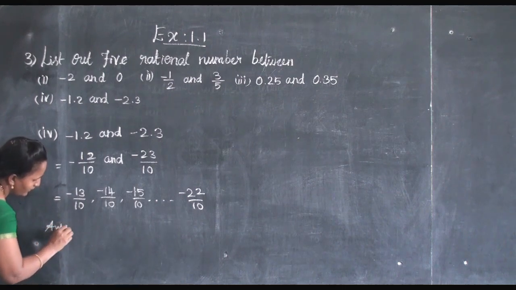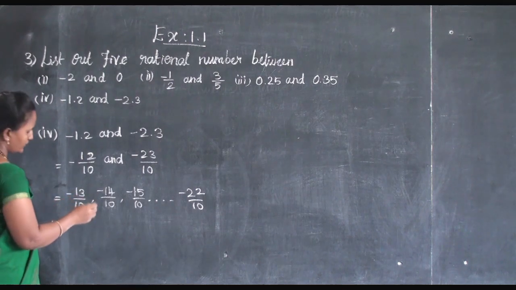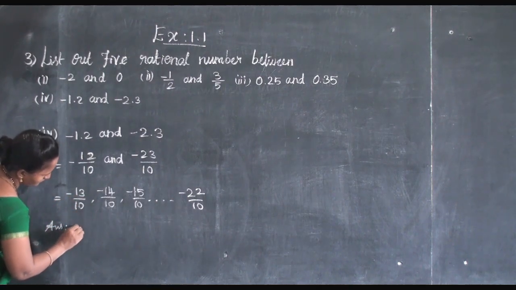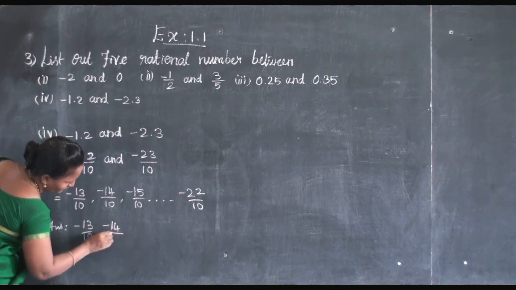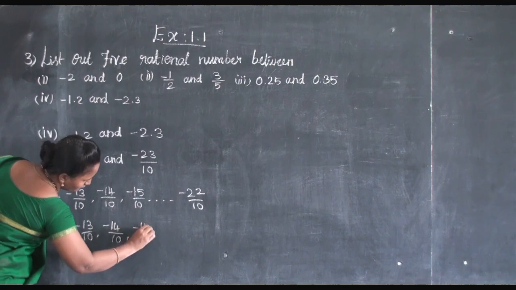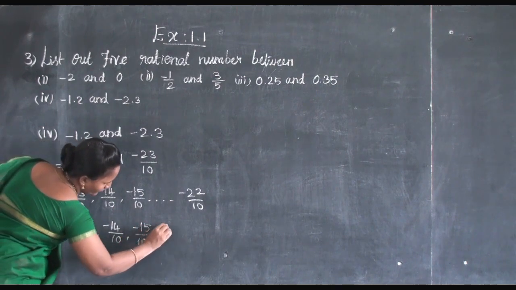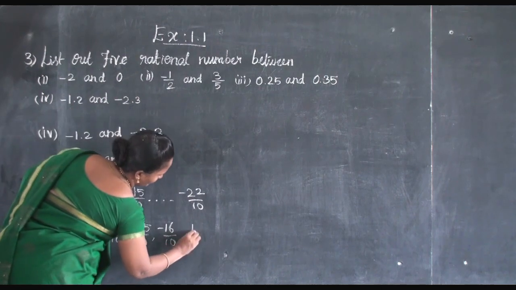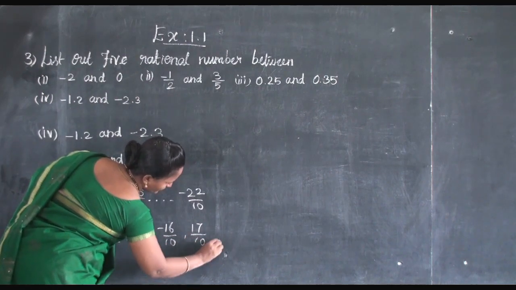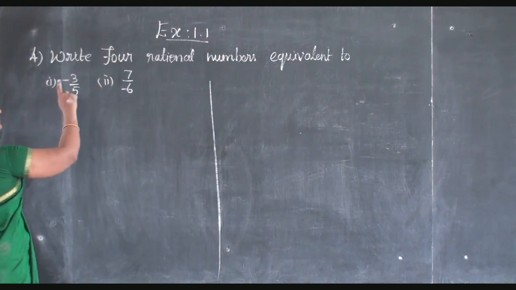Our answer is any 5 numbers from this: minus 13 by 10, minus 14 by 10, minus 15 by 10, minus 16 by 10, and minus 17 by 10. Go to the next sum.